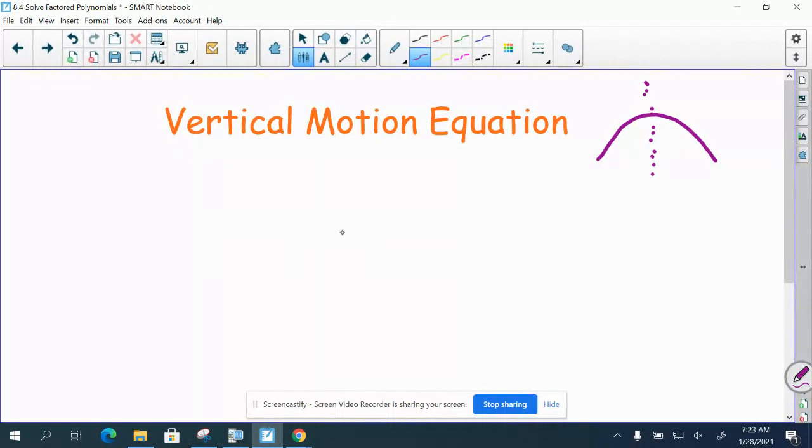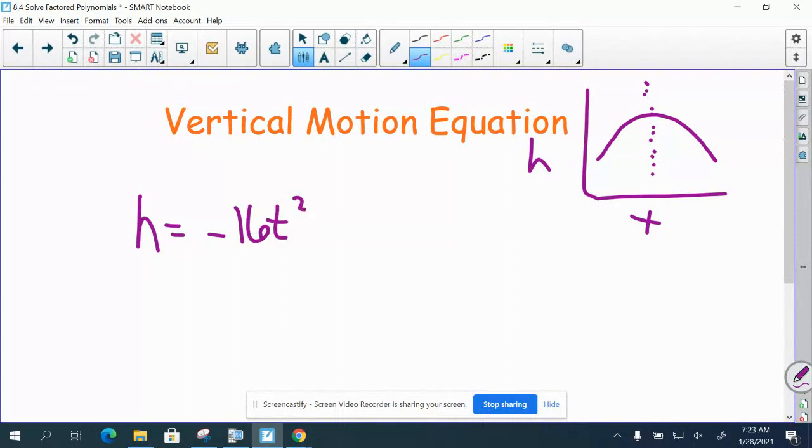So for our vertical motion, we have a quadratic equation that relates the vertical motion to time, where the x is the height and t is the time. That equation is h equals negative 16 t squared plus vt plus s.